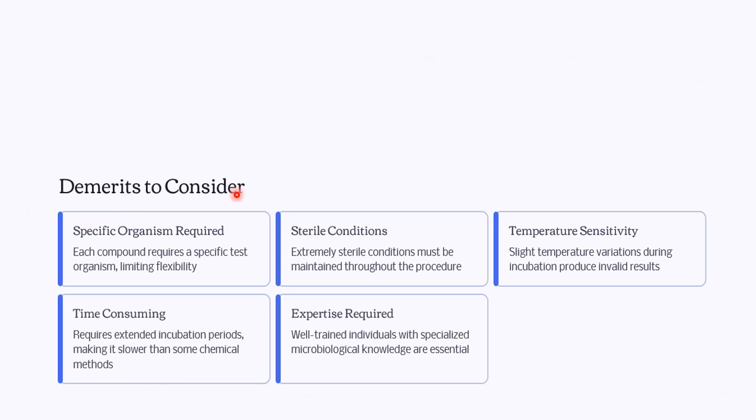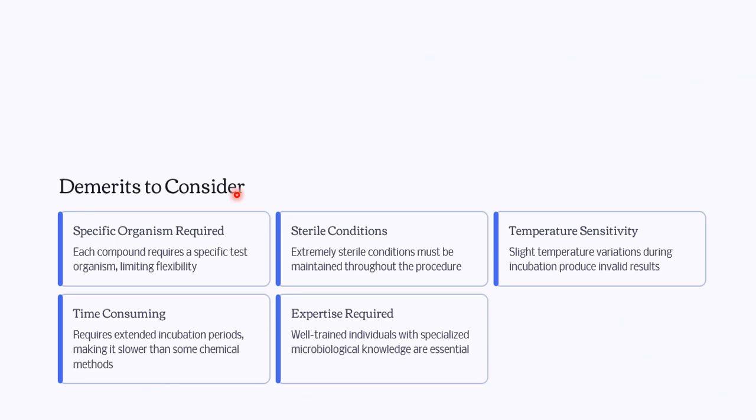Now we are discussing the demerits of microbiological assay. The first disadvantage is that it requires a specific organism against the specific test material. The second is that it needs sterile conditions throughout the procedure.